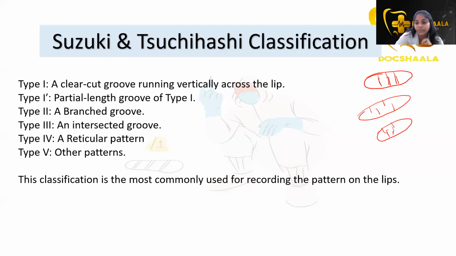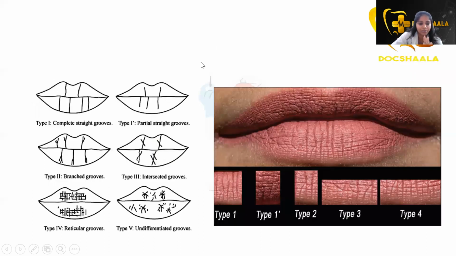Type 2 is a branched groove, somewhat like this, with branching like trees. Type 3 is an intersected groove, somewhat like this and like this, forming intersections. Then type 4 is a reticular pattern, which is a haphazard pattern. Type 5 covers any other pattern besides these. We'll see that through an image, not through my drawings.